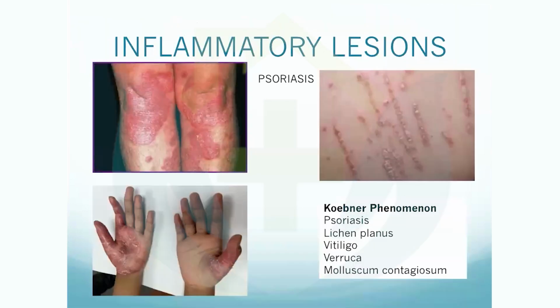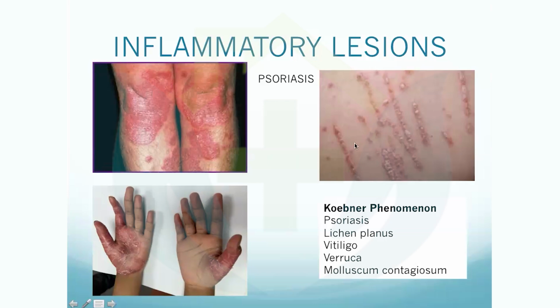The hallmark of inflammatory lesions in dermatology is psoriasis. Psoriasis initially presents with an erythematous plaque. To start with, it might not be that scaly, but with time it becomes scaly. And if you scrape these scales, you can see bleeding points, which is called the Auspitz sign. Psoriasis can be associated with arthropathy.